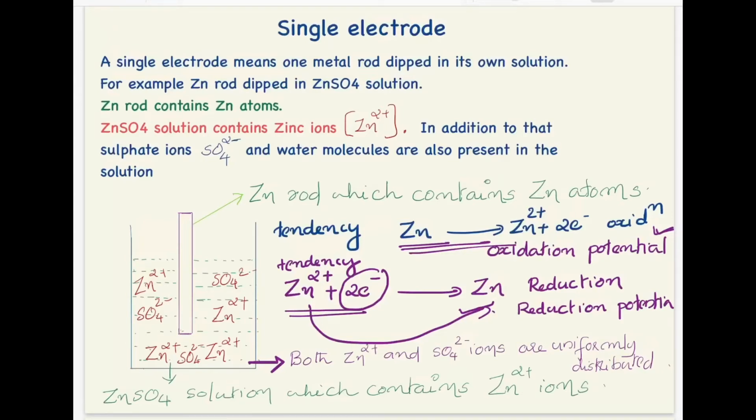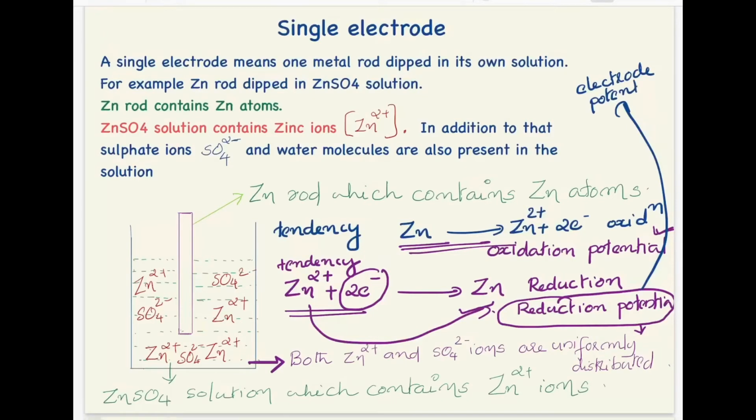Clear? Now onwards, instead of reduction potential, I will use the word electrode potential. Actually, electrode potential is reduction potential. So 2 tendencies: to get oxidized, we call it oxidation potential.